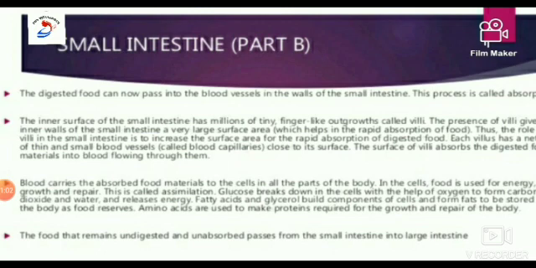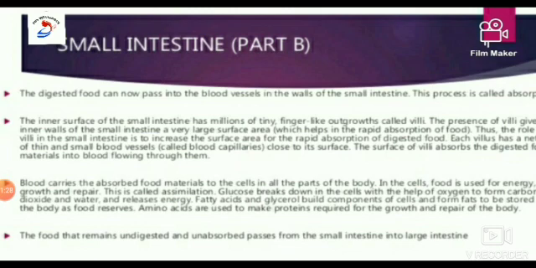The digested food now passes into the blood vessels in the walls of the small intestine. As I told you in the previous slide, this process is called absorption. The inner surface of the small intestine has millions of tiny finger-like outgrowths called villi. What is the function of that?